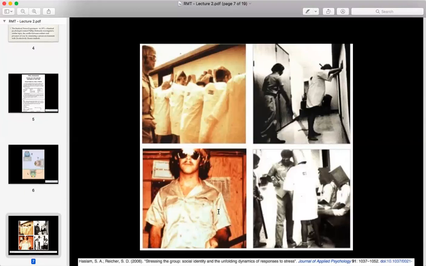Again, this is an interesting example of answering a creative question in an ethically dubious way, because within about 3 days this experiment was shut down because of how bad things were getting. Again, an experiment like this would never go down today, but it's an interesting question, and an interesting way to answer a question like that.